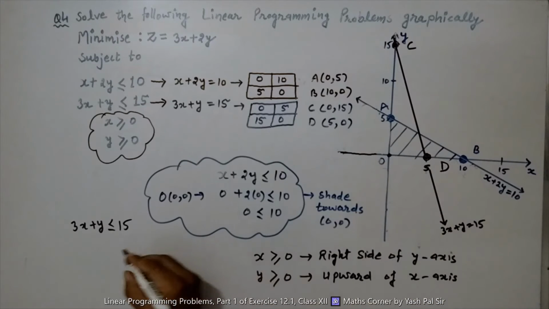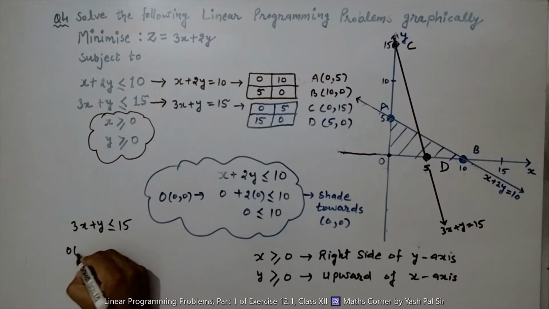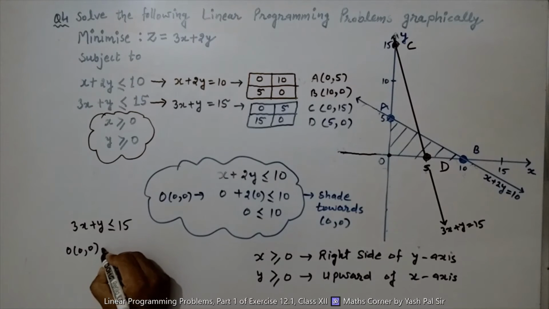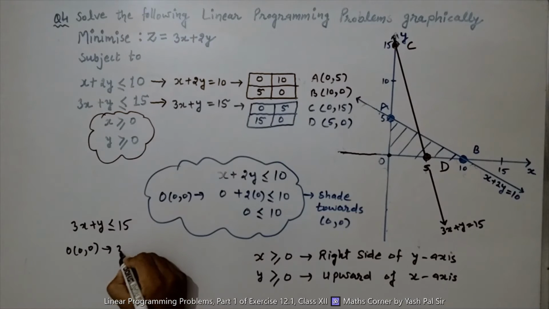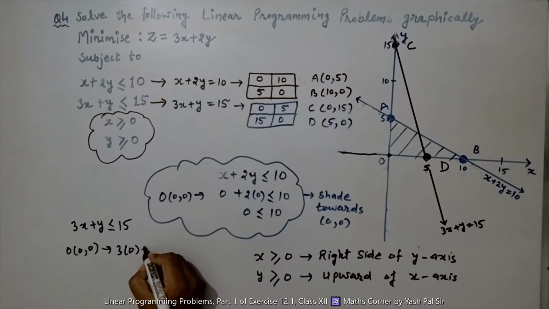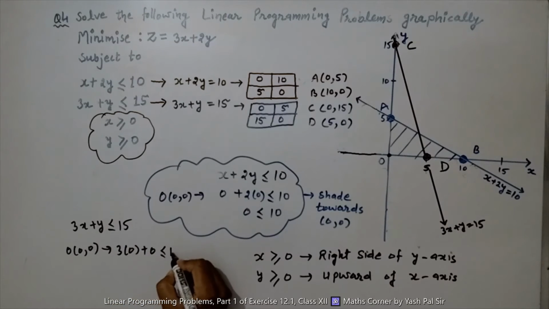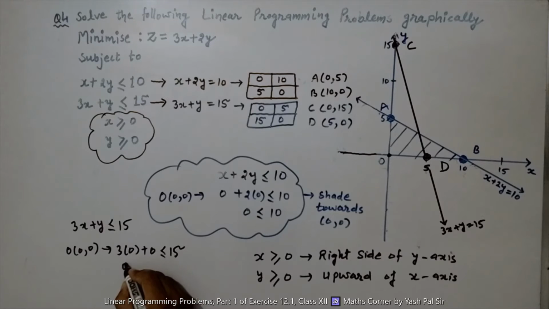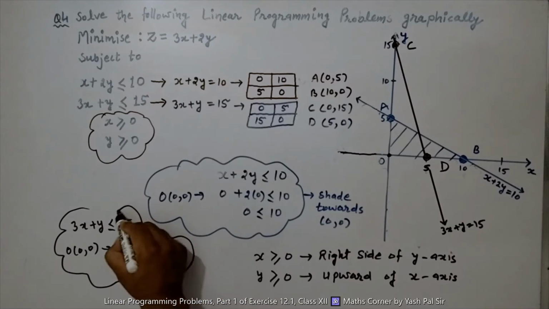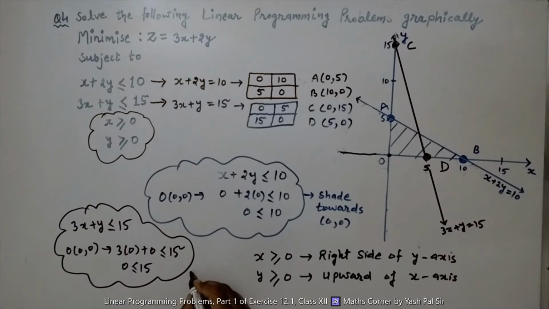So again we take 0 0, because this is the most convenient point. We put 0 0 here. This becomes 3 into 0 plus 0 less than or equal to 15. So 0 is less than or equal to 15.